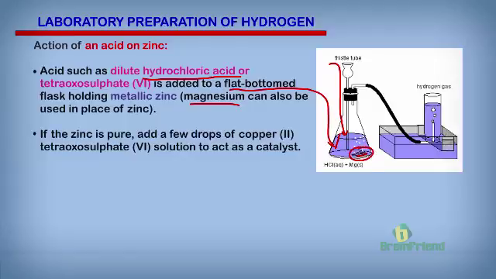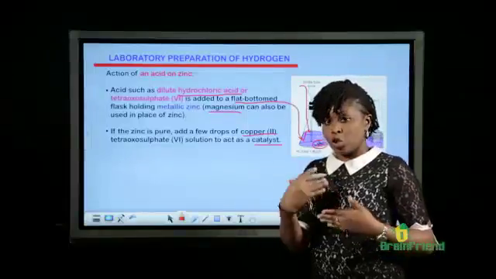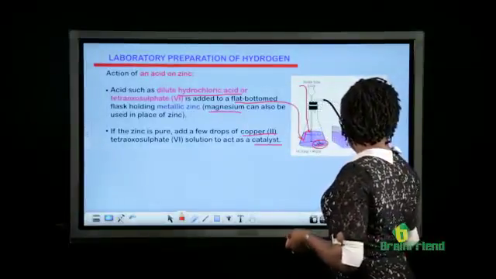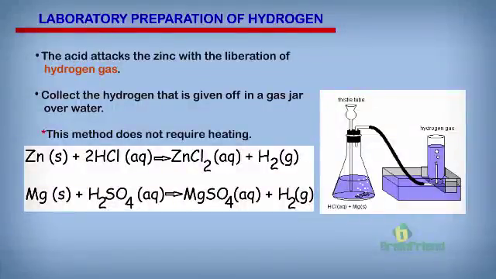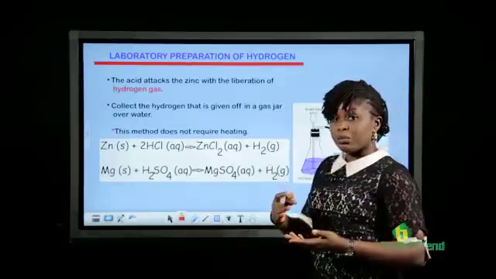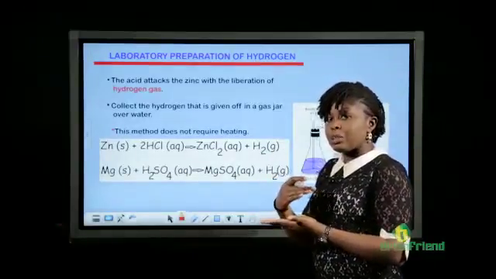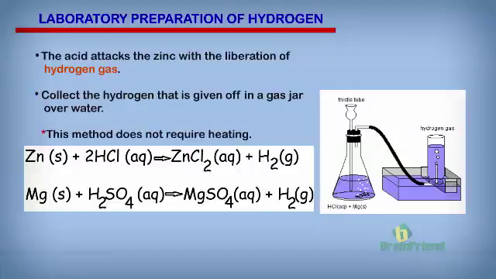Now, if the zinc is pure, we can add a few drops of copper II tetraoxosulphate VI solution to act as a catalyst, that is, to speed up the reaction. What happens is that the acid added to the zinc attacks it with the liberation of hydrogen gas.